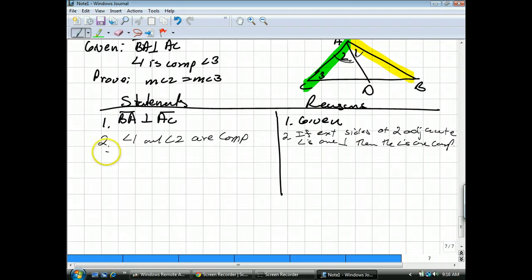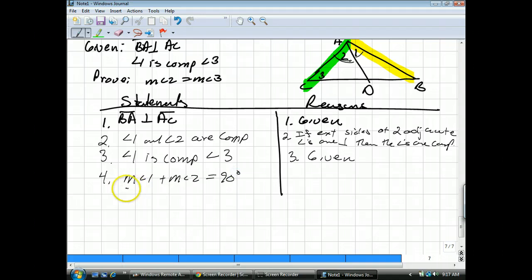Okay. We also know from the given that angle 1 is complementary to angle 3. That's given. Okay. Well, what do we know about complementary angles? What can we say that's true about complementary angles? Well, we can say measure of angle 1 plus measure of angle 2 has to equal 90 degrees. And measure of angle 1 plus measure of angle 3 also has to equal 90 degrees.